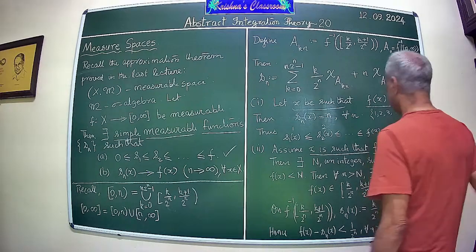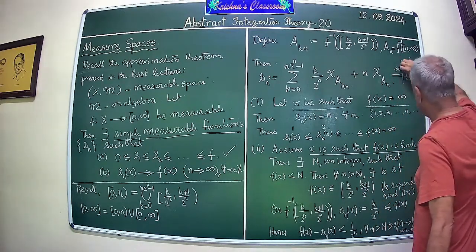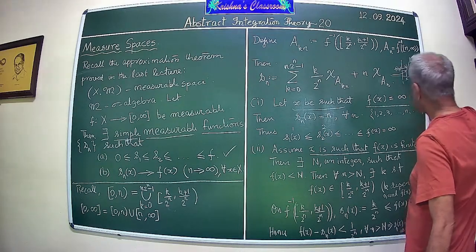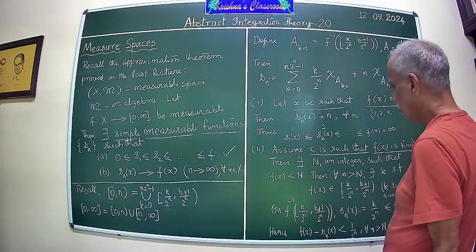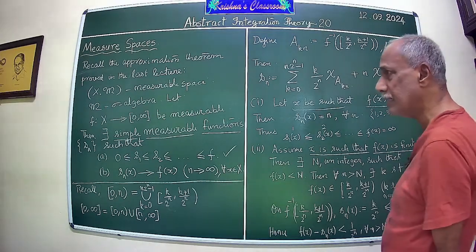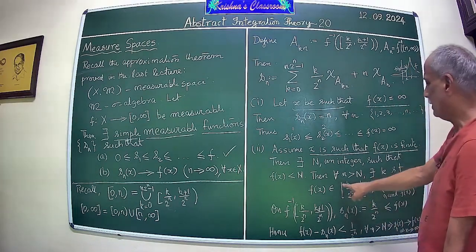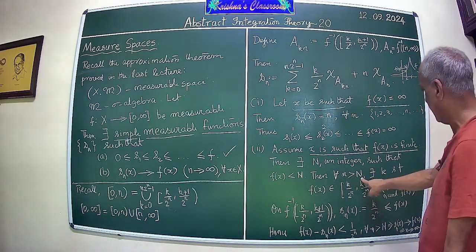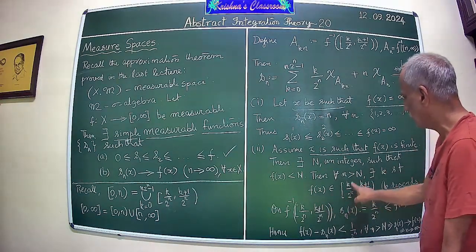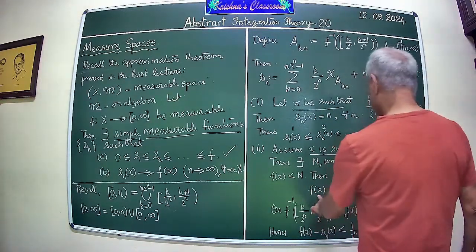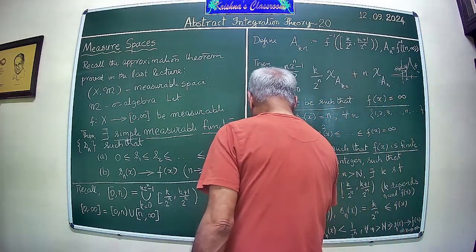If f(x) is finite, f(x) is less than some positive integer N. Okay, it is bounded by an integer N. Now, by our construction, for every n greater than N, there exists a k such that f(x) happens to be in this, or x turned out to be in this, which is the same as x belonging to A.